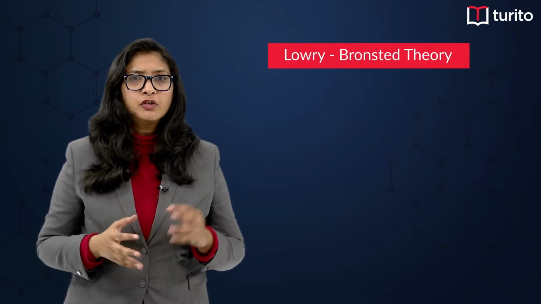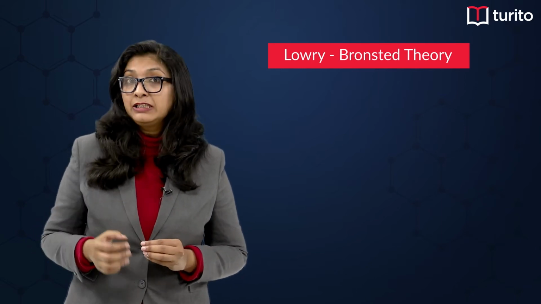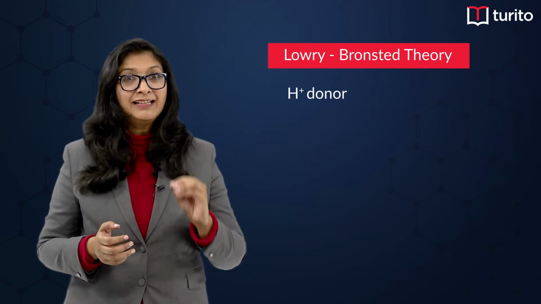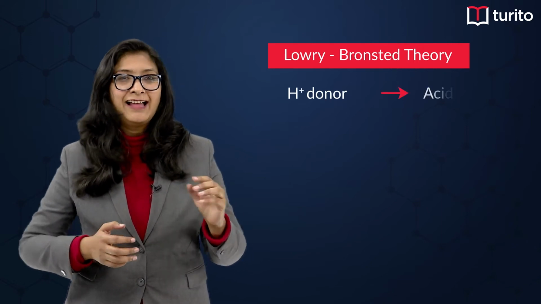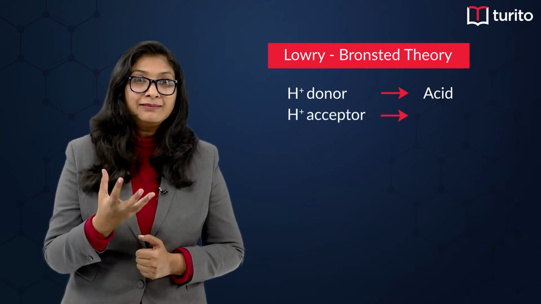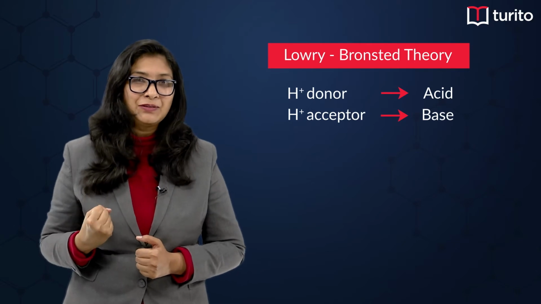According to Lowry-Bronsted theory, anything which has the ability to give away H plus ion is considered as acid. But what is a base then? Base means the one which has the ability to acquire H plus.